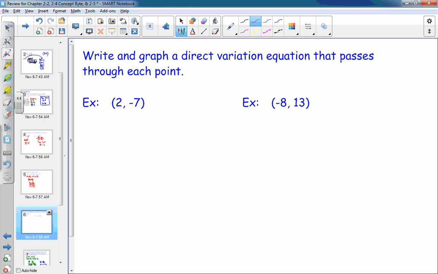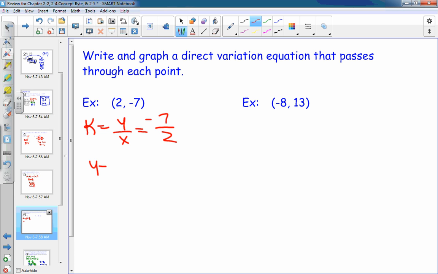Excellent. Moving right along. Still direct variation. This says write and graph a direct variation equation that passes through each point. How do I write this equation? I need to still find k. K is still y over x. So what is y here? Negative 7 over 2.